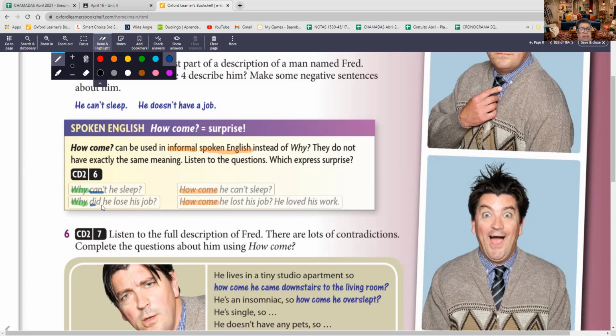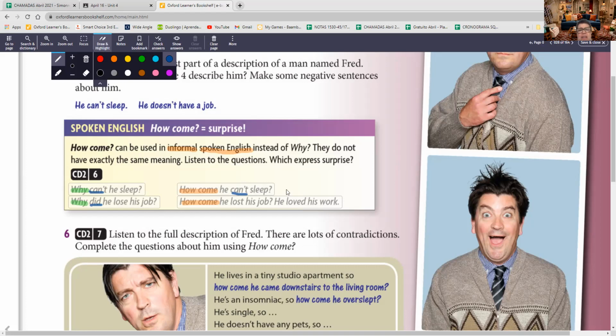Can't, did, okay? But here, when I use how come, the auxiliary verb, when it exists, I'm going to use after the subject. So I'm going to put it right here, different position. This is like a statement, not a question, okay?